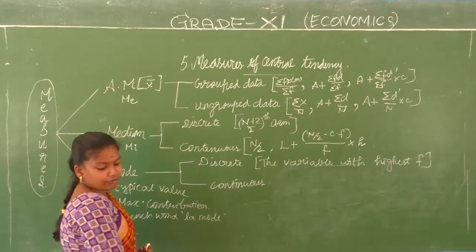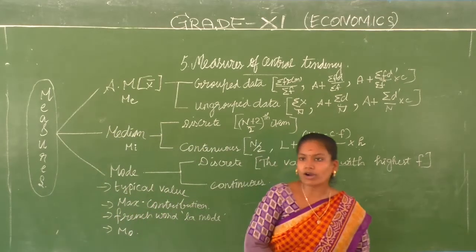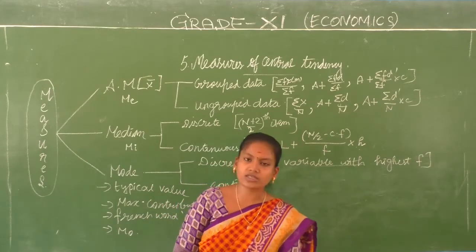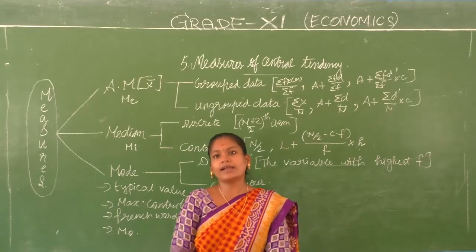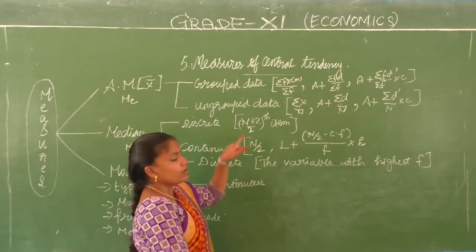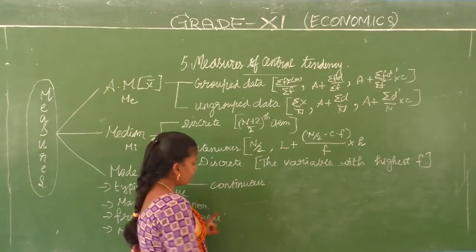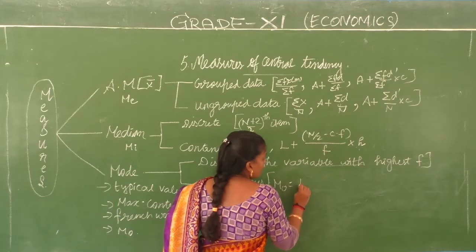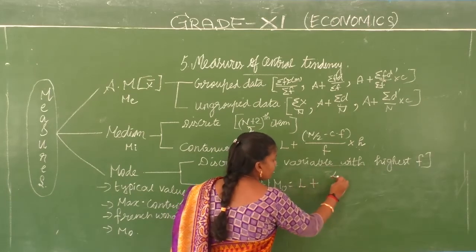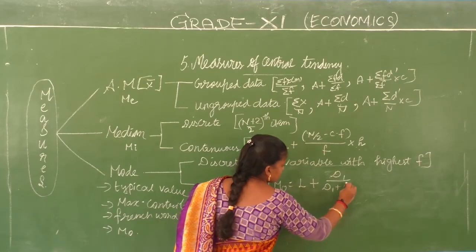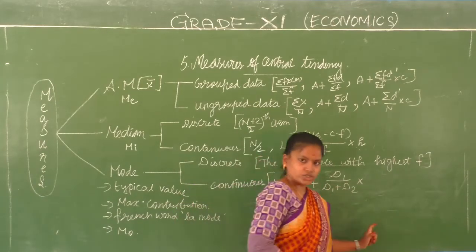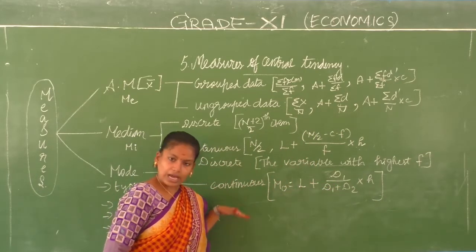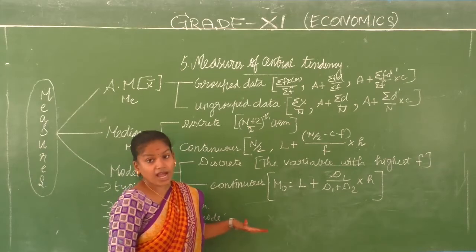First, you need to find the modal class. How do you find the modal class? The formula is L plus D1 by D1 plus D2 into H. Now you will choose the class limit where the highest frequency is there.